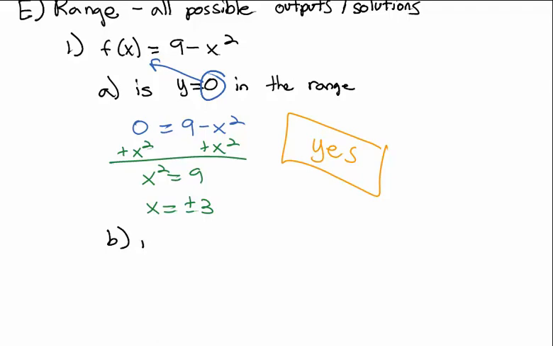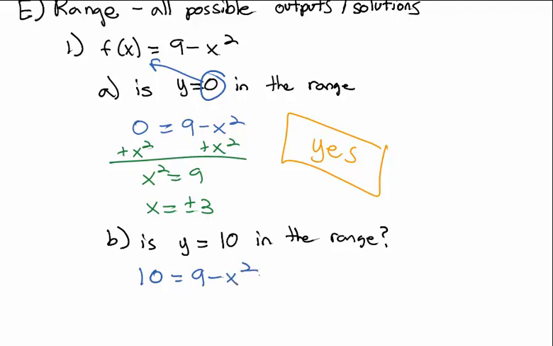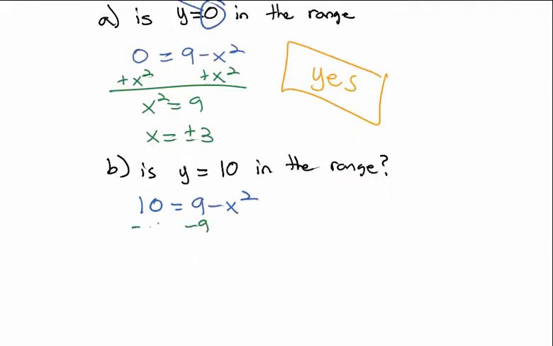Contrast that with the question, is y equals 10 in the range? With range, we're plugging it in for the answer, 10 equals 9 minus x squared. And this time, if we subtract 9 from both sides, we get 1 equals negative x squared.